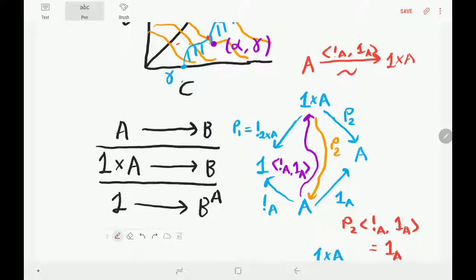So in other words, a point of b to the power of a, as in an arrow from the terminal object, corresponds to an arrow from a to b, and vice versa.